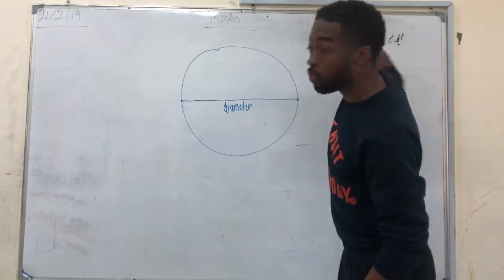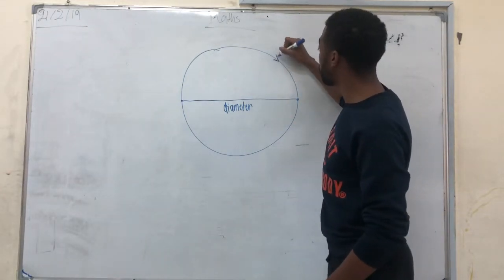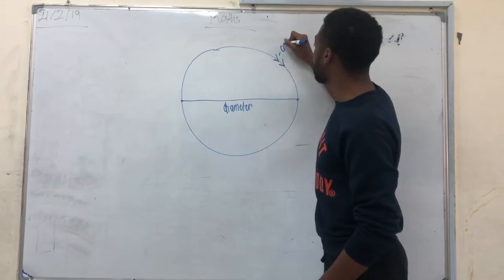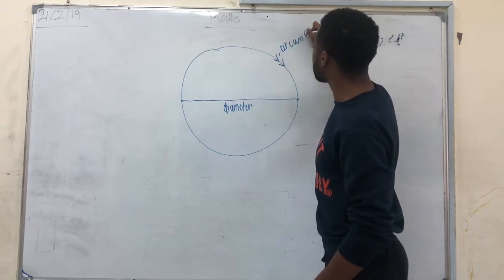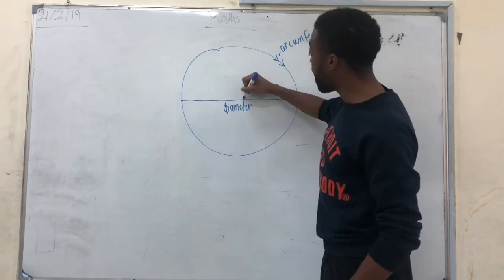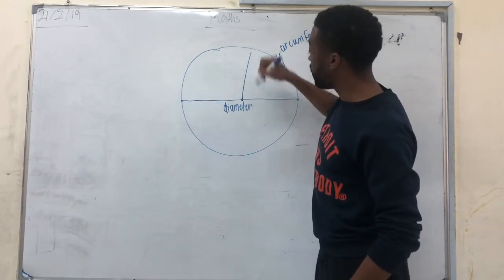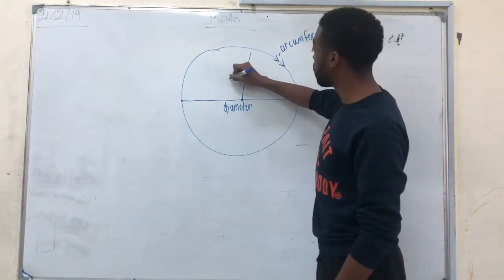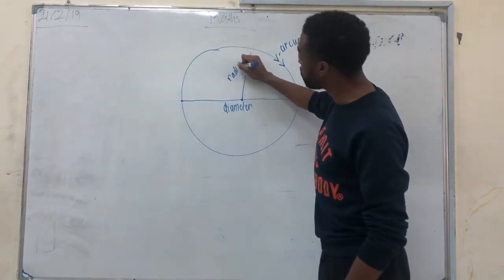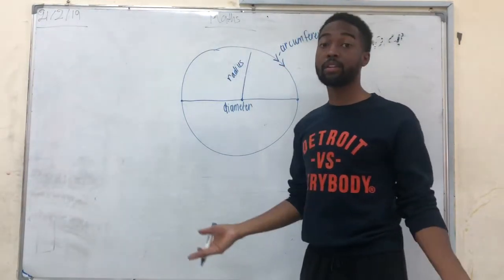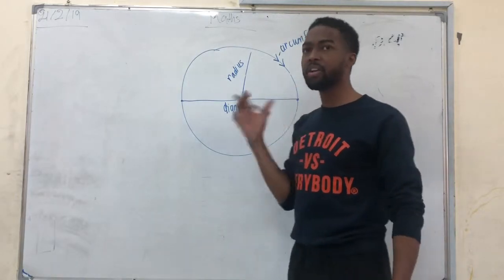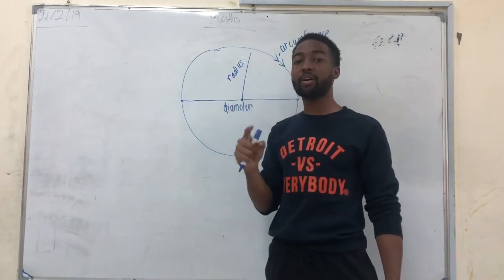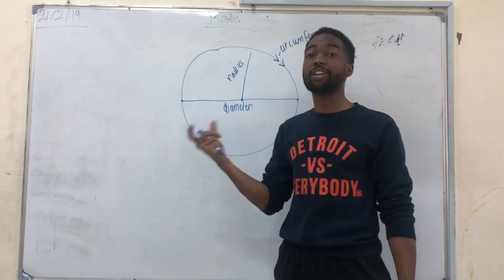The distance around the whole circle is called the circumference. Okay? Half of a diameter is called the radius. It's called the radius.